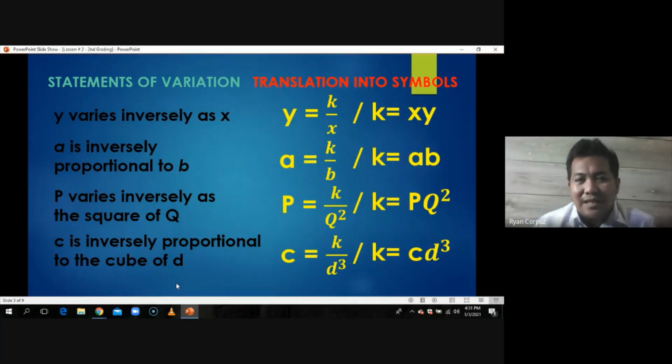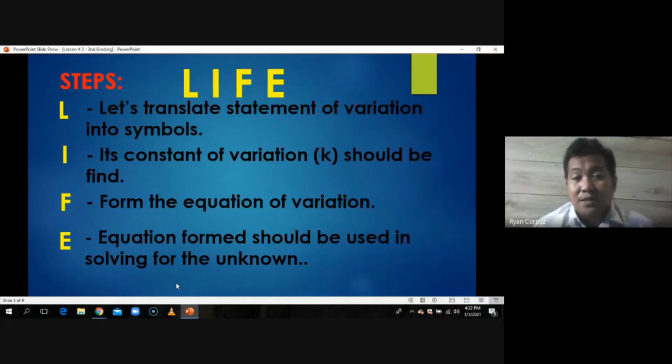Okay, so just like direct and direct square variation, in order for us to solve inverse variation in a systematic manner, we are still going to apply the same steps that we applied on solving direct and direct square variation. Kasi sinabi nga natin, di ba, these steps that we call LIFE are the steps we use in solving any kind of variation.